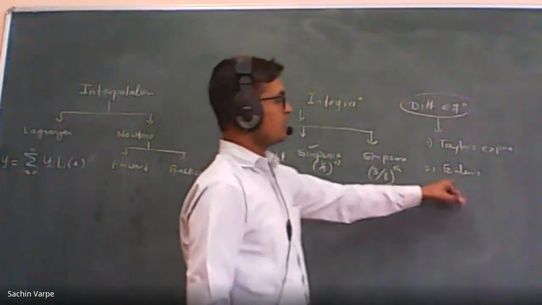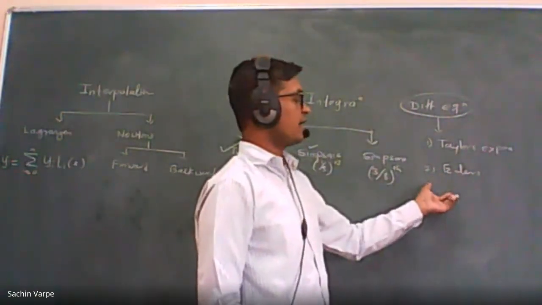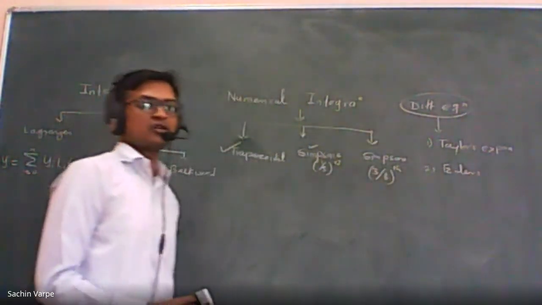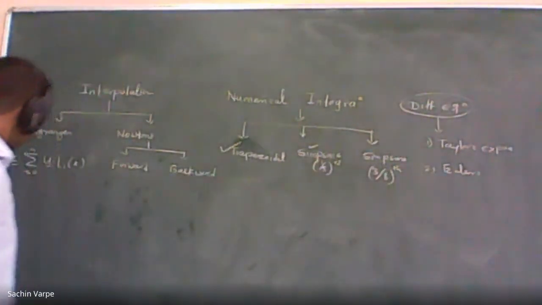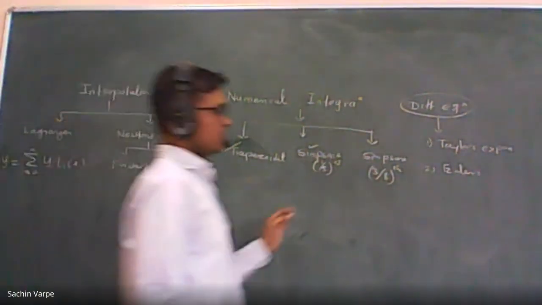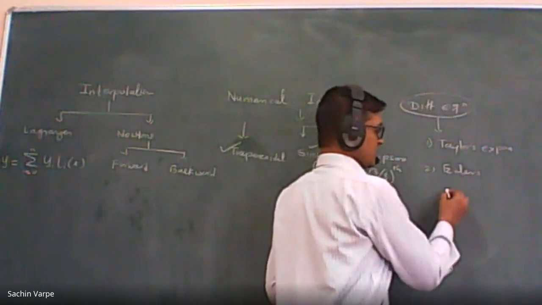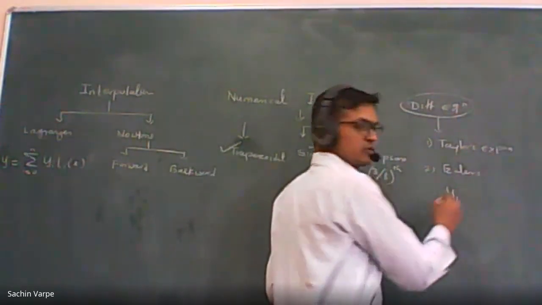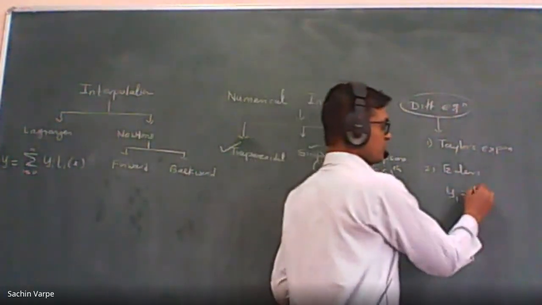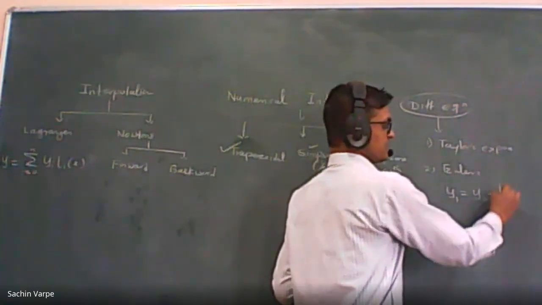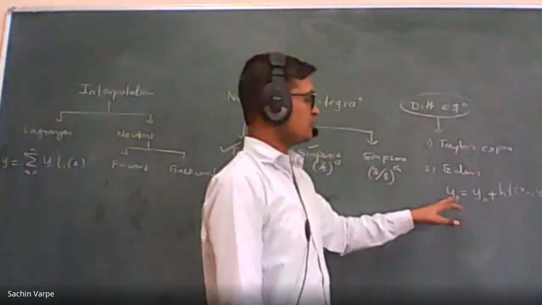But in Euler's, modified Euler's, or in the RK method, we are getting the particular values of that solution. So in Euler, first of all, we start with y1, the first ordinate. So the formula for the first ordinate is what? y naught plus h times f of x naught, y naught, right? With the help of this, we'll get the value of y1.